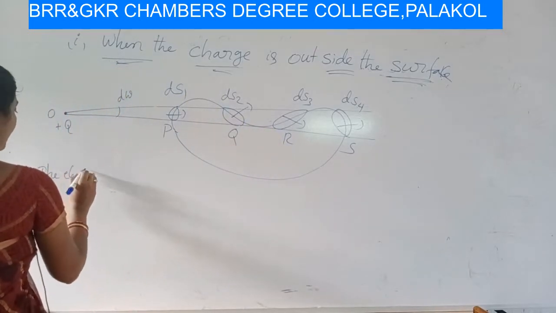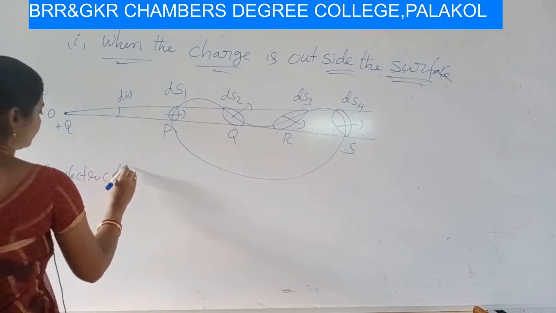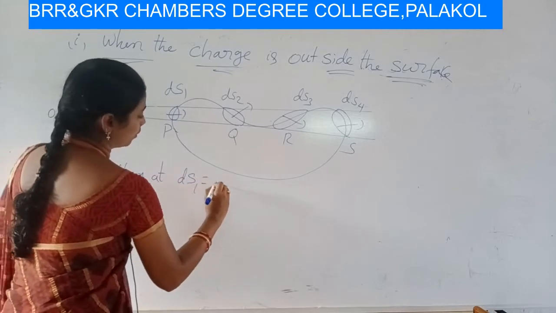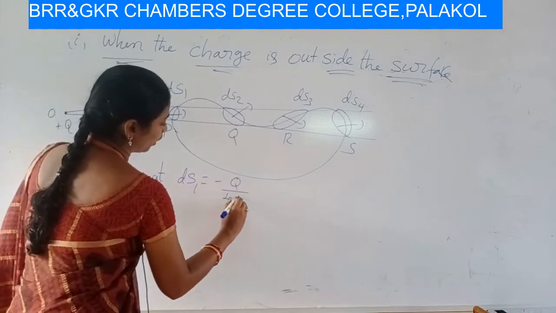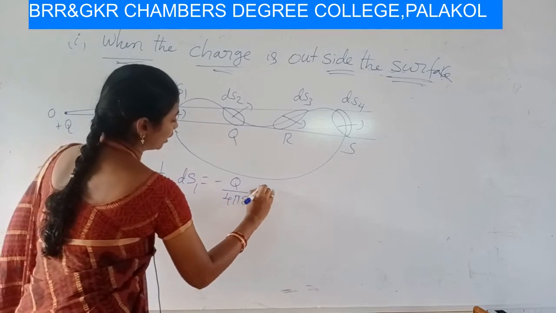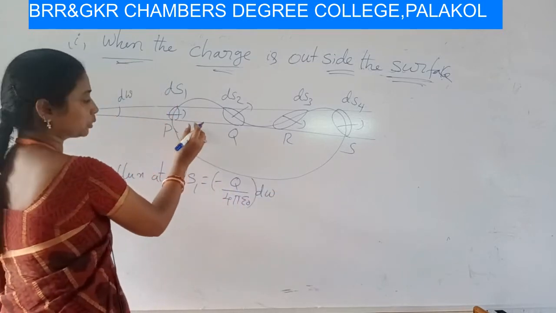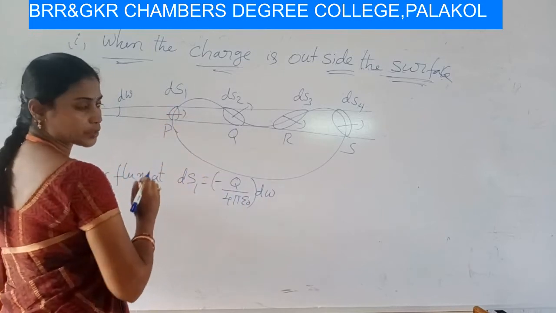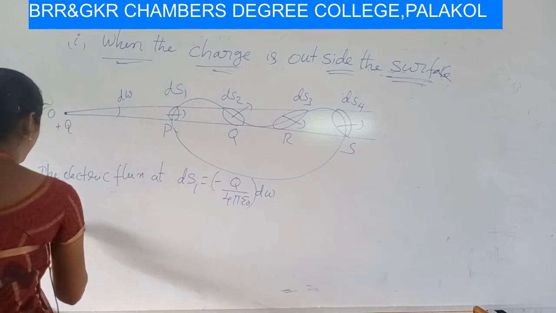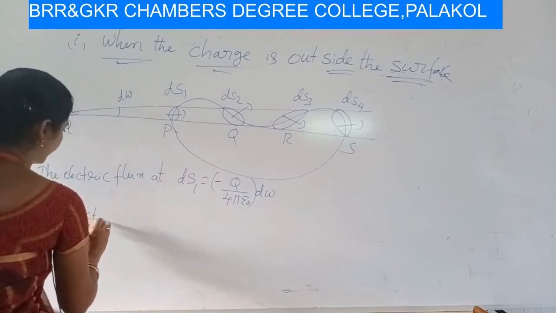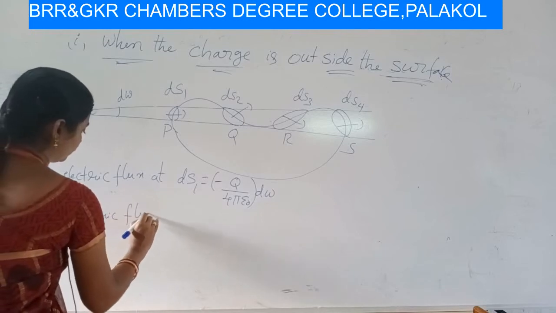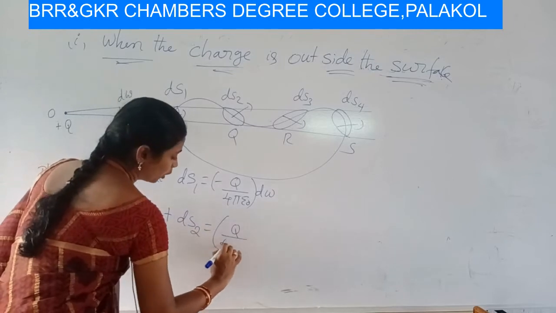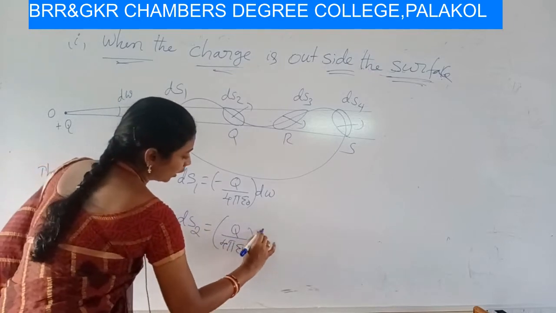The electric flux at ds1 is minus q by 4 pi epsilon naught d omega. Here the flux is entering inward to this area ds1 at point P, hence we put a negative symbol. For the area ds2 the electric flux is q by 4 pi epsilon naught d omega.